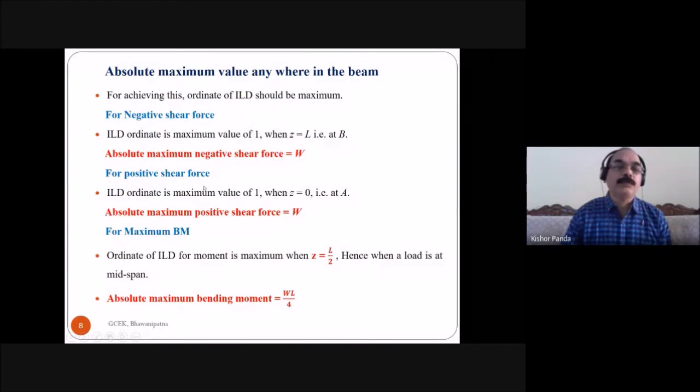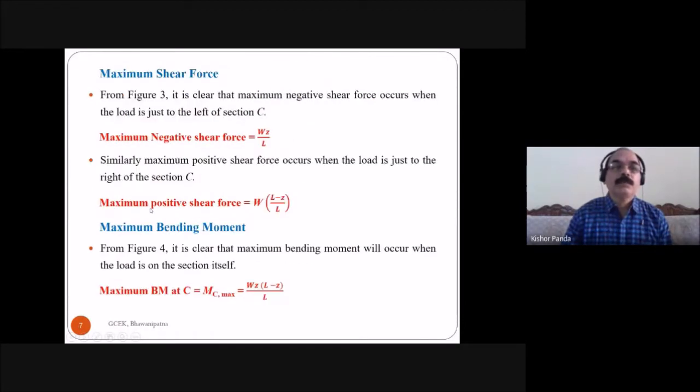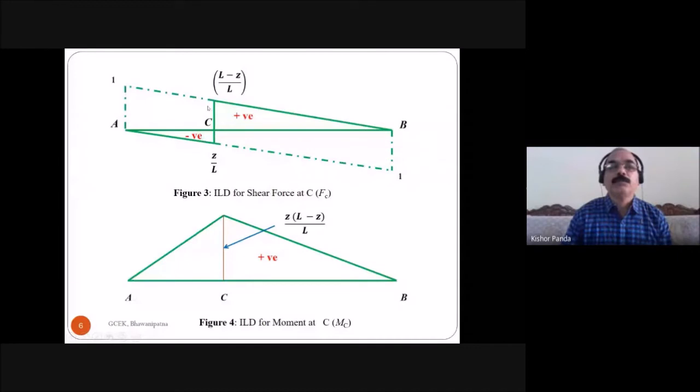Similarly, for positive shear force, at the support A you will get the maximum value 1, the maximum positive shear force. This occurs when the moving load W is present at A, that is when Z is equal to 0.